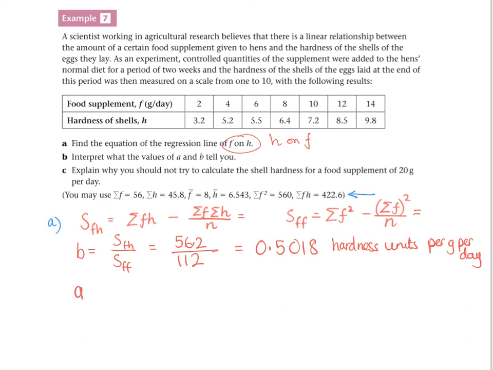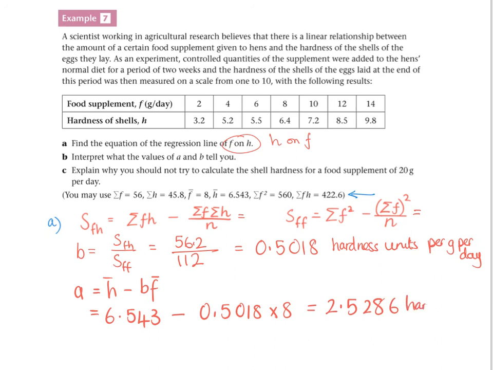And then A is equal to H bar minus B F bar, which is the mean of H, 6.543, minus 0.5018 times 8. So that is equal to 2.5286 hardness units, whatever that may be.